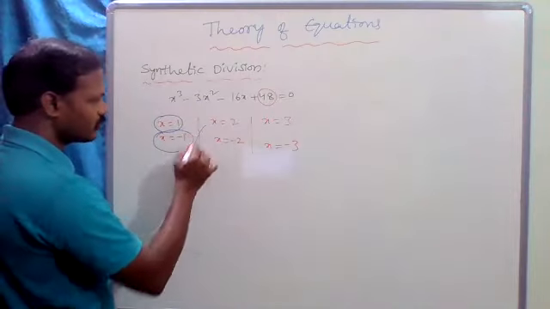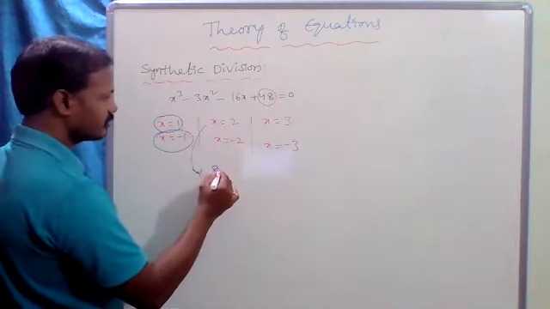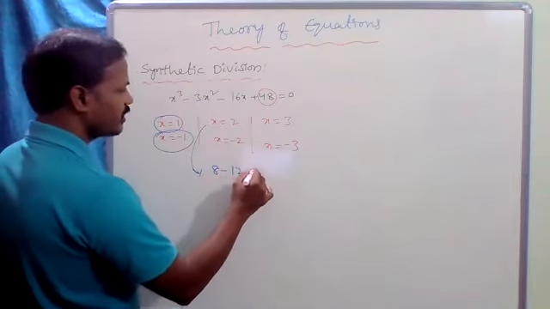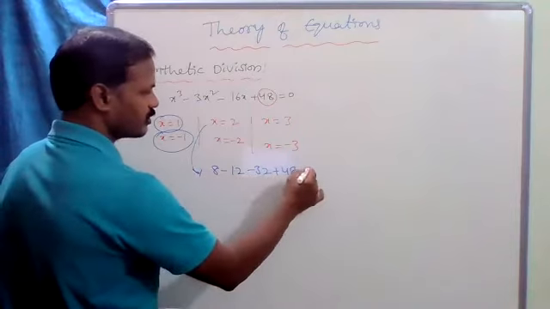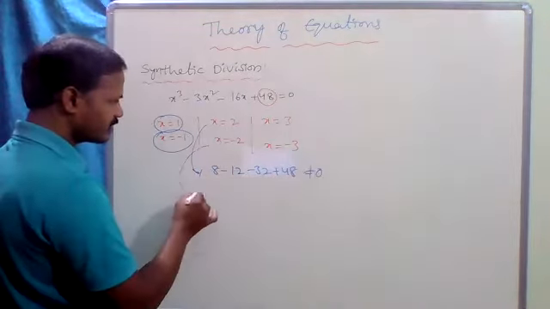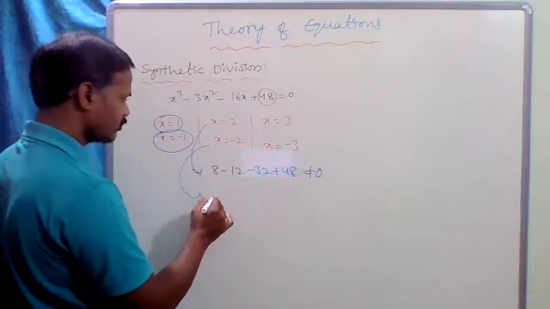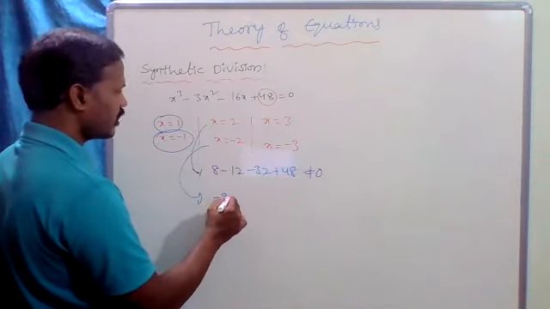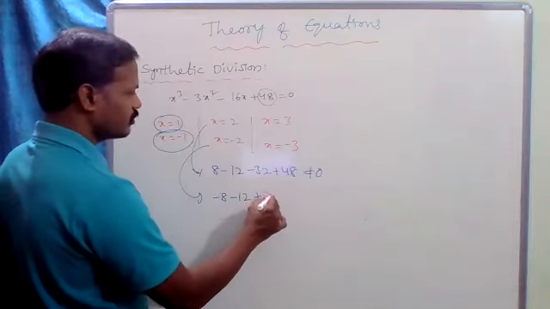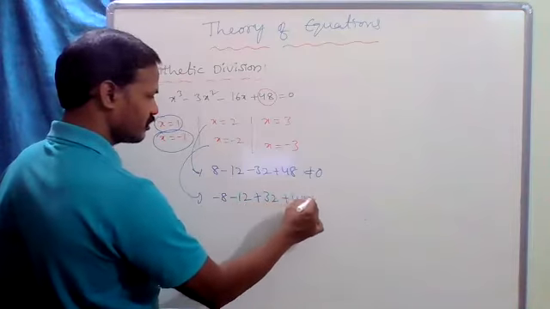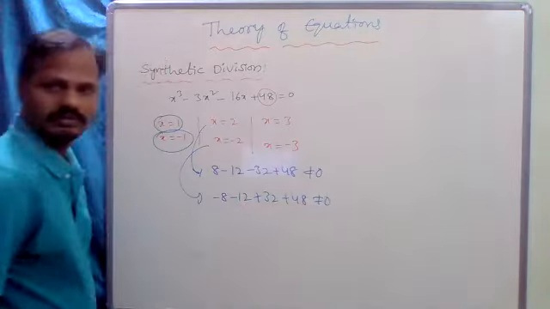If you apply x equal to 2, what will you get? 8 minus 12 minus 32 plus 48 is not equal to 0. Now apply x equal to -2: -8 and -12 and plus 32 plus 48. This is also not equal to 0.